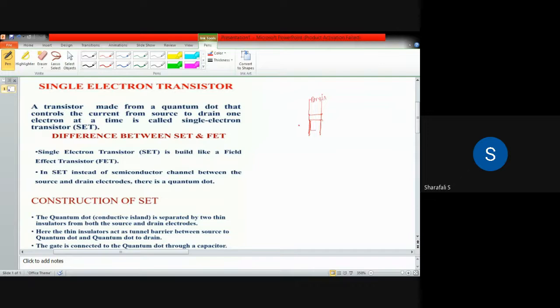This is drain. This is source. Like this, and this will be connected to some potential, and you'll have a gate terminal here. This is your gate, which is also connected to a voltage like this.